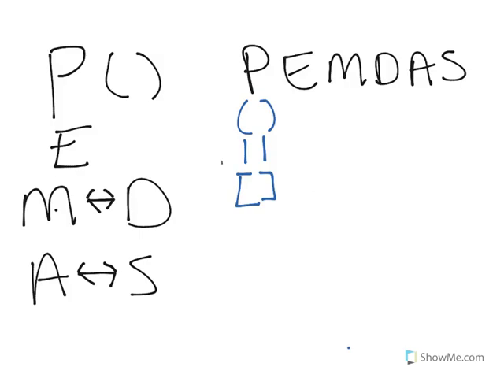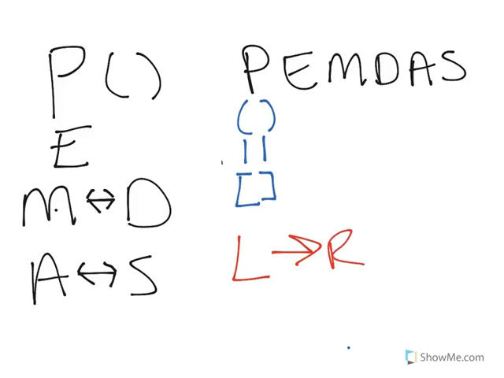Now, notice the multiply and divide. The M and the D stand for multiplication and division. They are on the same level. What that means is one is not more important than the other. You don't multiply, then divide. Rather, you go from left to right.